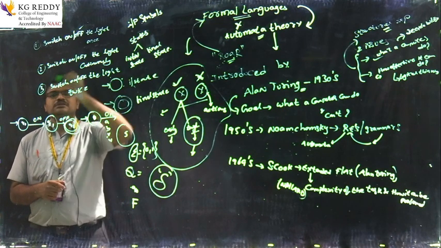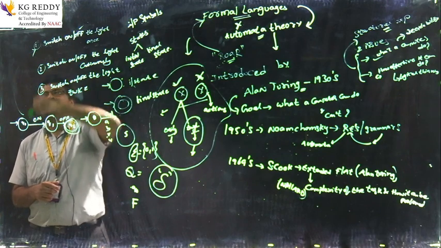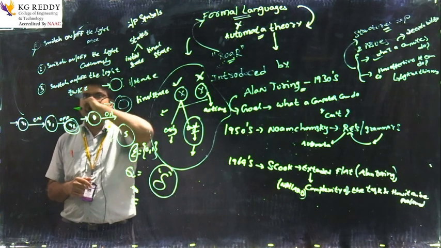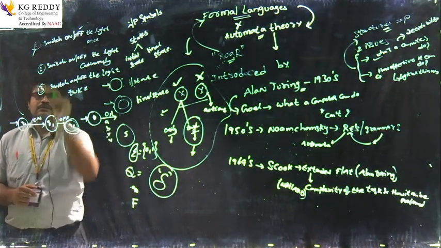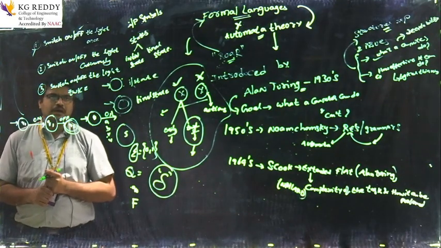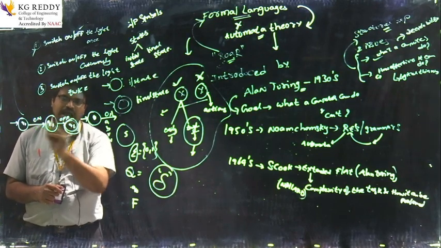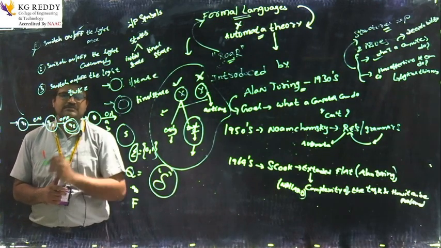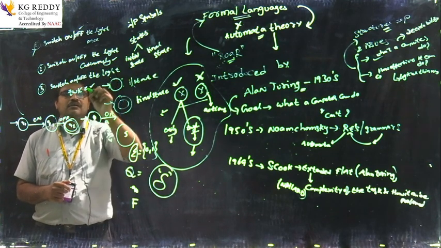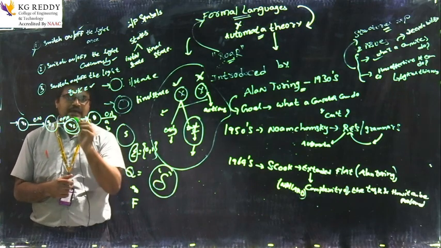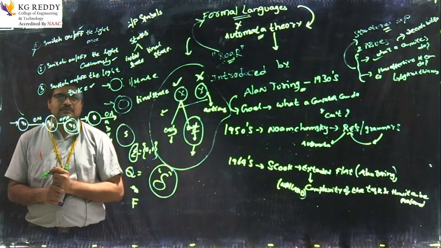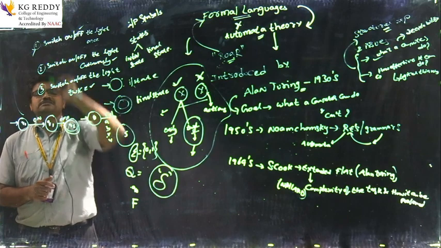This diagram is suitable for the first task. It will not be suitable for the second and third tasks, because here the transition happens only once, but in the second and third tasks I am asking about continuously or twice, meaning more than once. So only the first task is suitable.